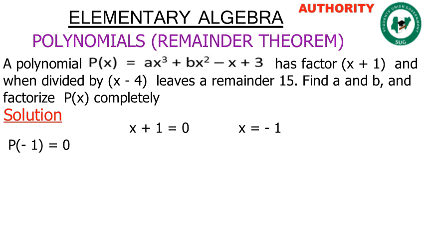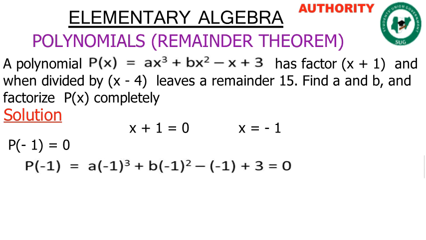So we are having p of x, and here we have a value for x, which is minus 1. So we have p of minus 1. In place of x we replace it with minus 1, and you remember that our remainder is 0. So p of minus 1 is equal to a.